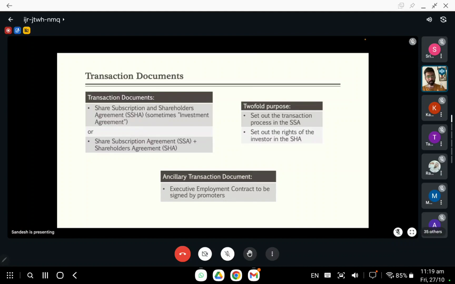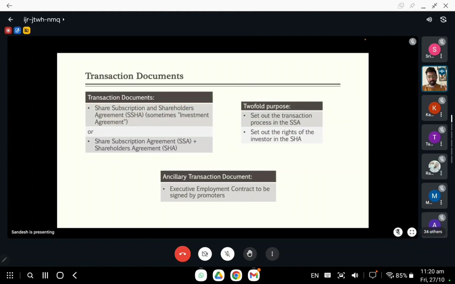There are two sets of documents, or sometimes both are combined into the same document, called the share subscription and shareholders agreement, or it's broken up into a share subscription agreement and a shareholders agreement. We see a lot of creative names sometimes, like investment agreement or investment cum rights agreement or subscription and rights agreement. It can be anything, but the two sets of documents govern two different sets of items.